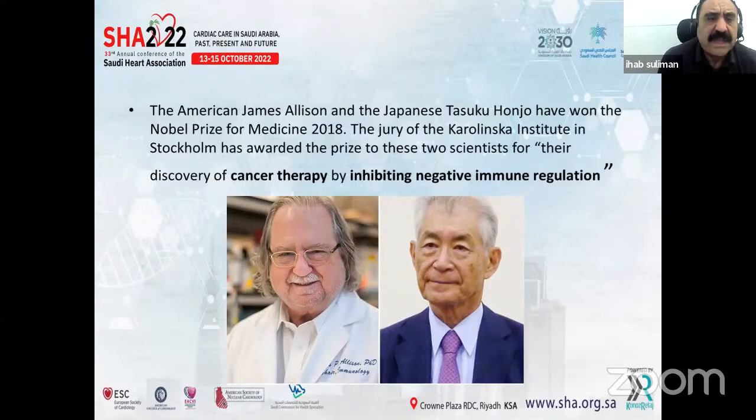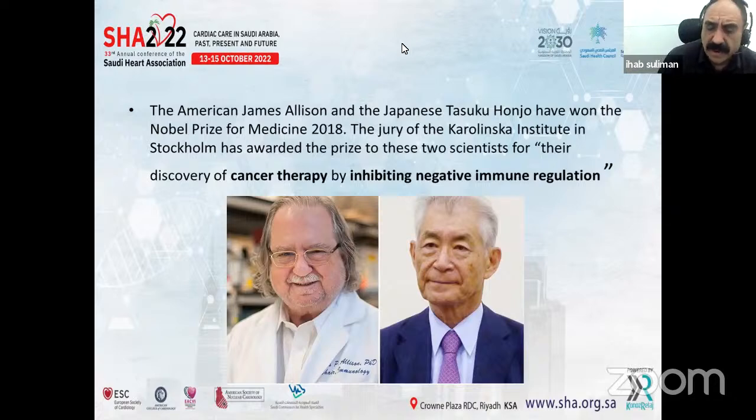In 2018, the Nobel Prize in Medicine was given to two scientists who advanced the discovery of immune therapy for cancer: the American James Allison and the Japanese scientist Tasuku Honjo.